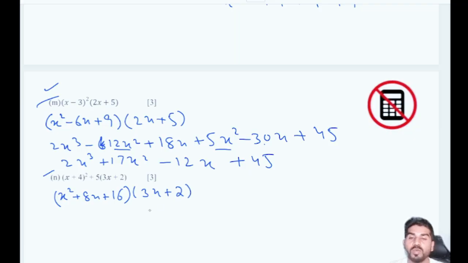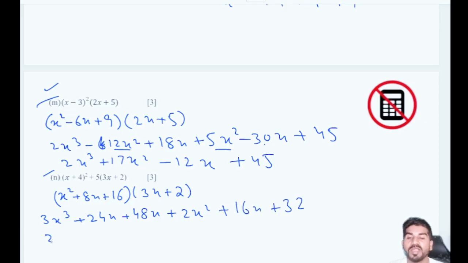Now we can multiply with the 3x, every term. So there will be 3x cubed, 3 times 8 is 24x, and then 16 times 3 is 48. X will be as it is now. We have every term, there will be 2x here, and 8 times 2 is 16x, and 16 times 2 is 32.